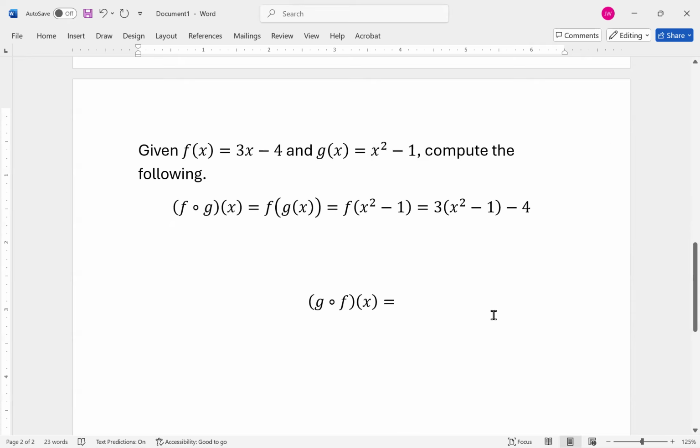And then if you want to, obviously you can rewrite that, combine that, simplify that, whatever you want to do. That would give you 3x squared minus 3 minus 4, which is 3x squared minus 7 when you combine like terms.